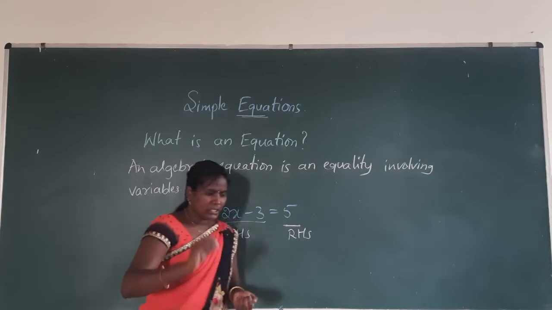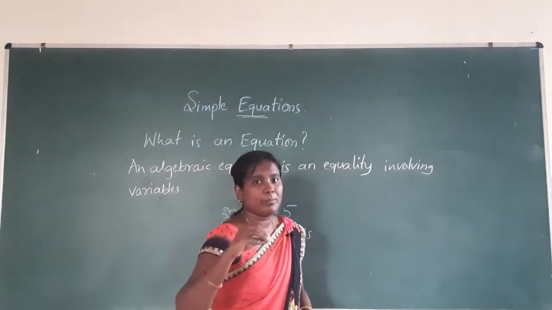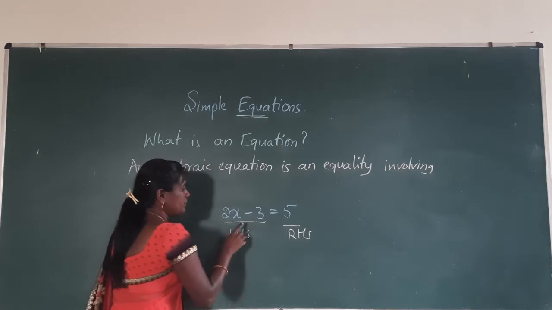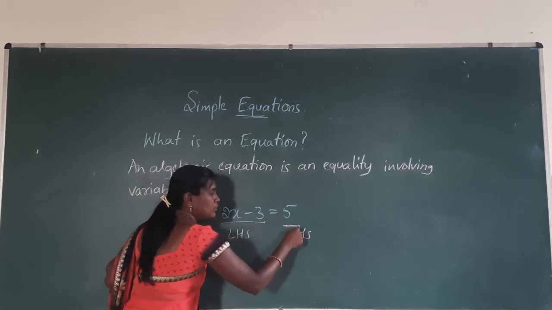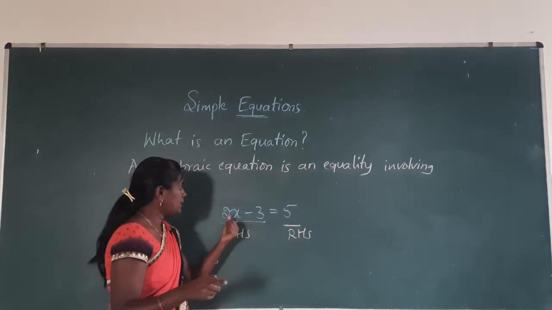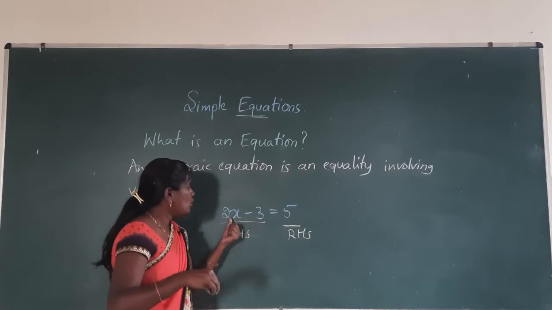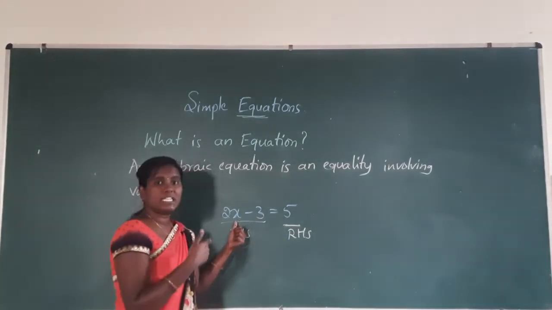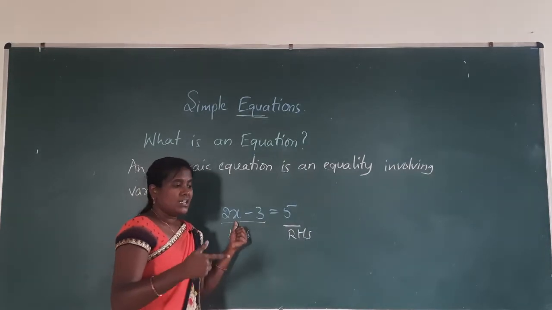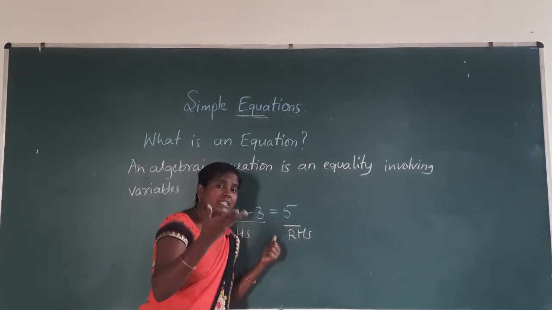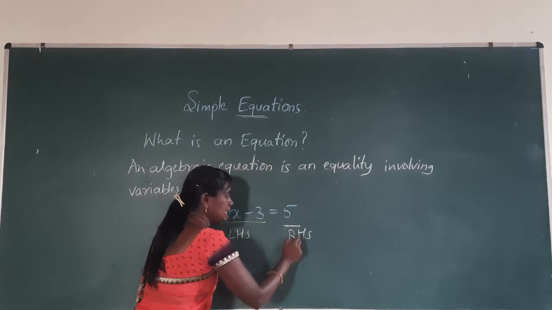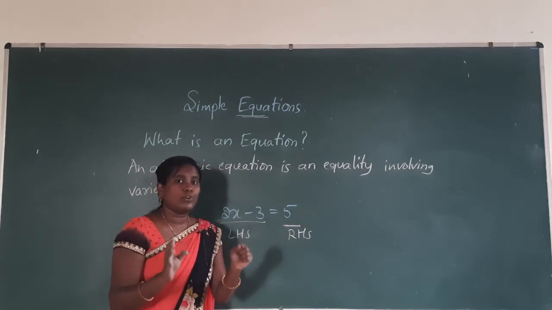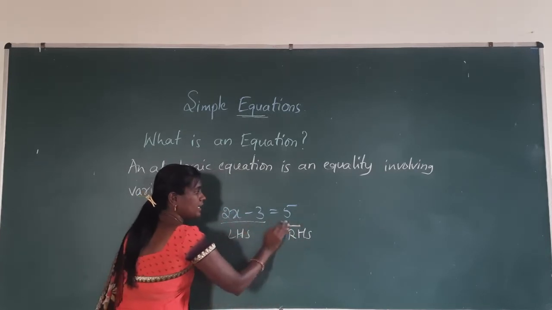For a particular value, LHS is going to be equal to RHS. I am saying it is not equal for all the values of the variable. These two, LHS and RHS, will be equal for only a particular number.